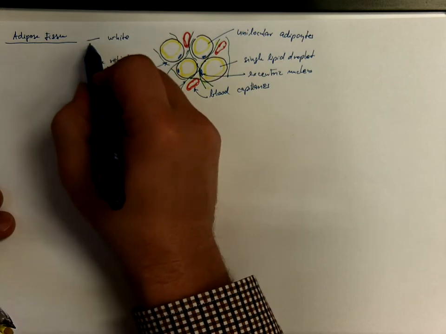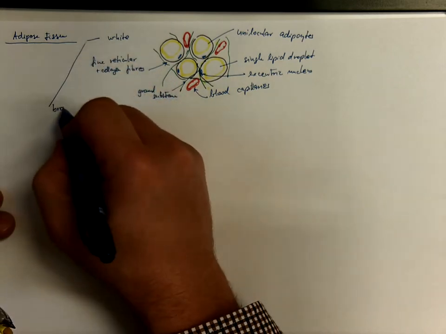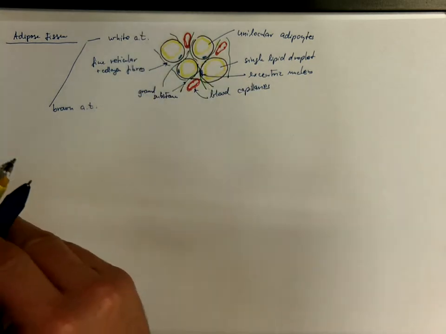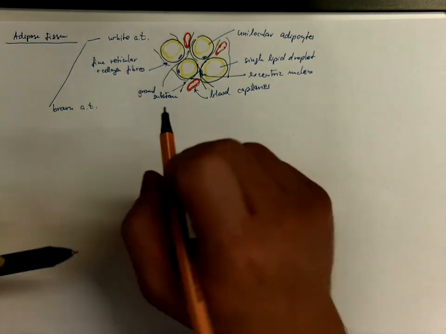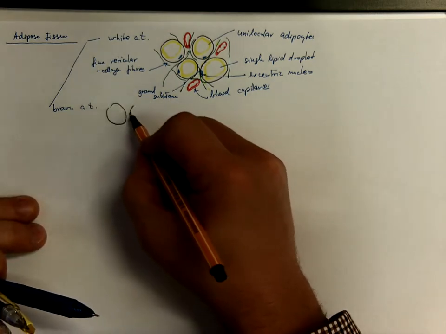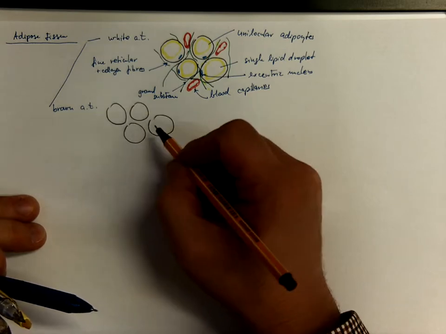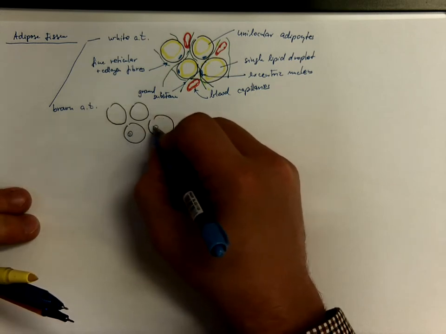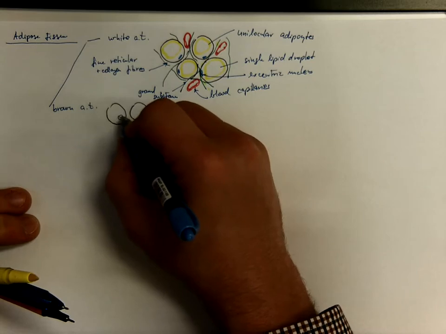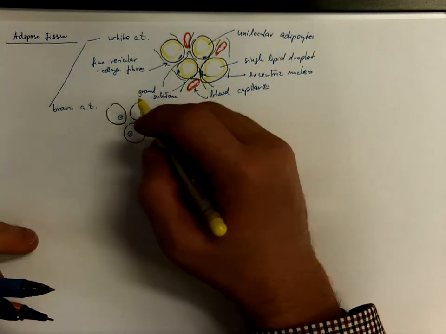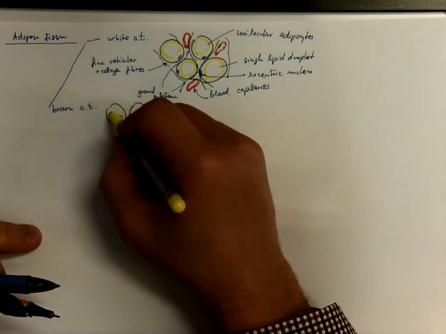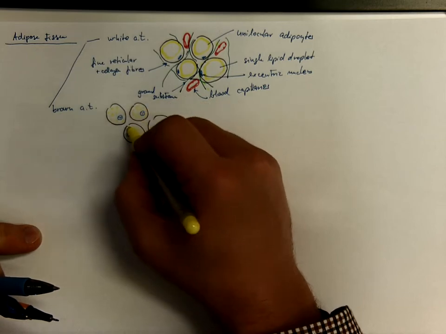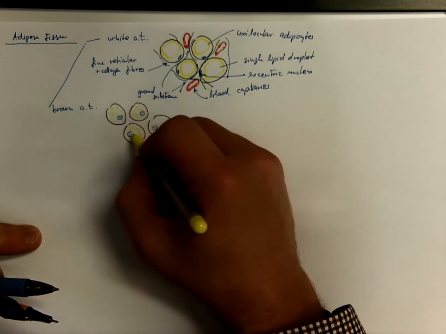While the brown adipose tissue consists of multilocular fat cells where the nucleus is very often closer to the cell center and the total load of the lipid vacuole is distributed into hundreds of small droplets or vacuoles.